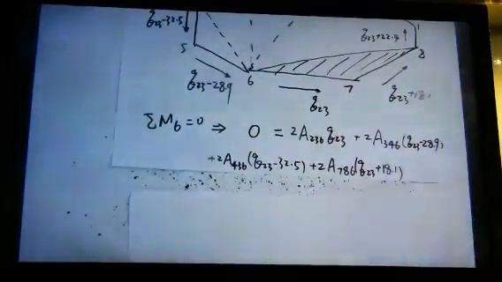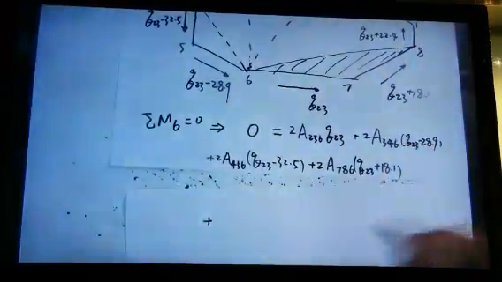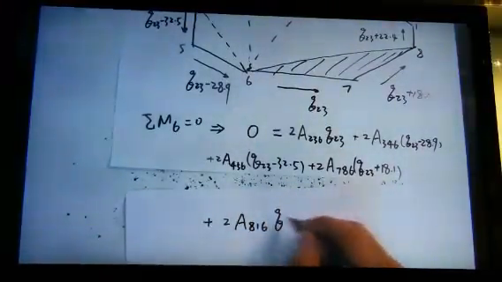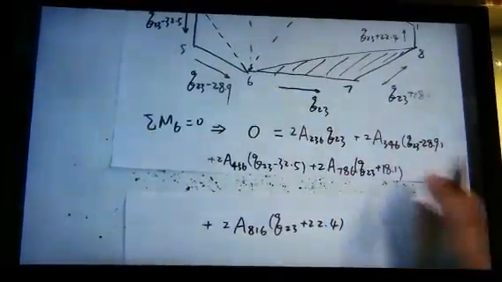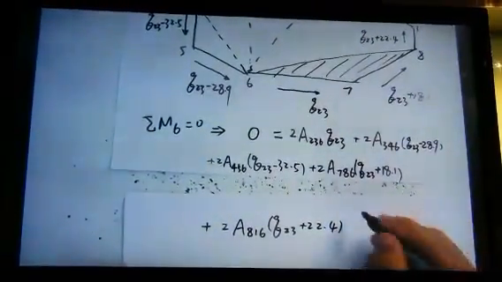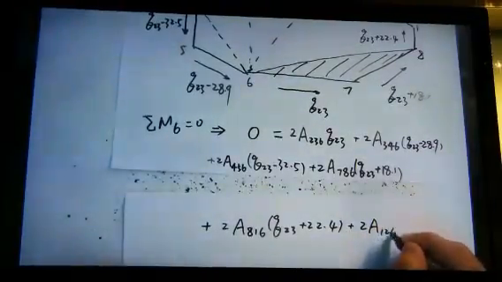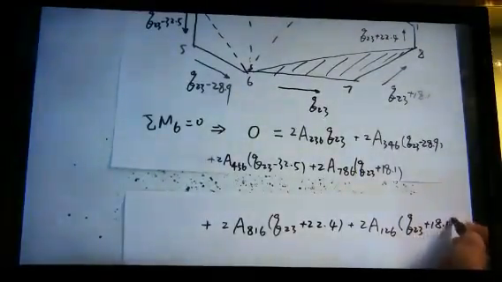We have many terms, and plus this 8.1, Q816, Q81 is Q23 plus 22. And the next term is 12: A126 and Q23 plus 18.1.